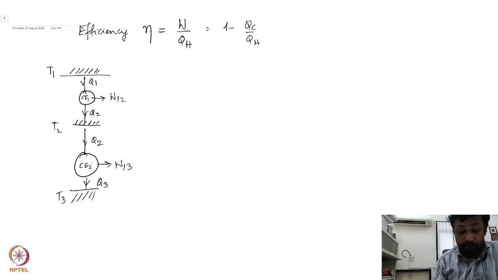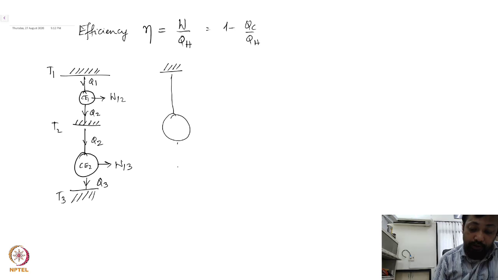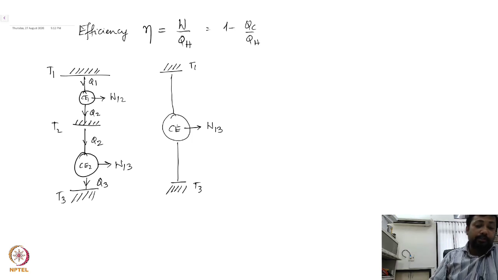Once again, if I look at the combined effect of these engines, I have one Carnot engine operating between the temperatures T1 and T3 and doing an amount of work W13. So it extracts an amount of energy Q1 and dumps an amount of heat Q3, correct?